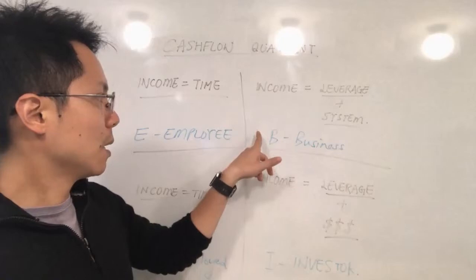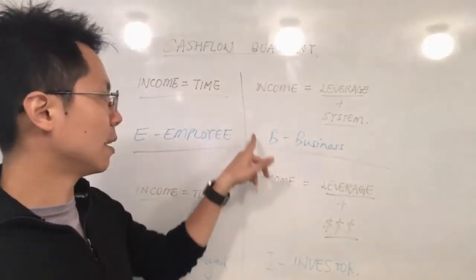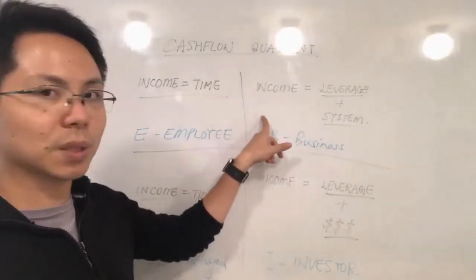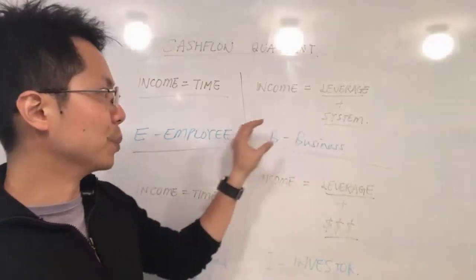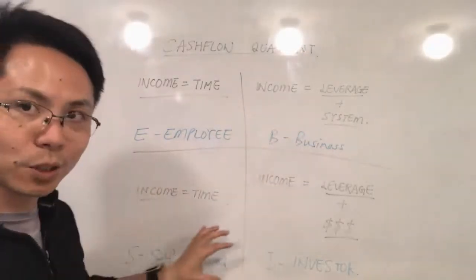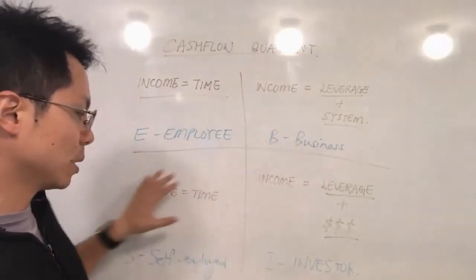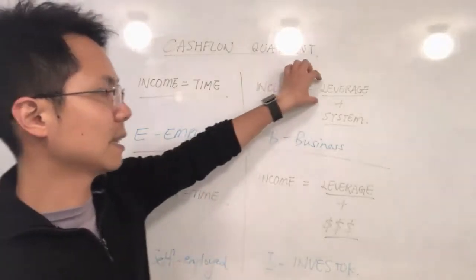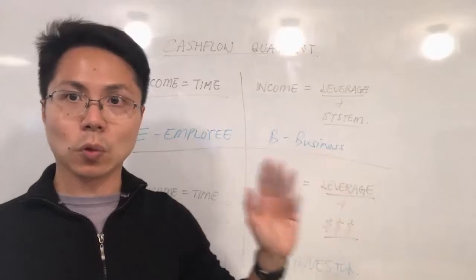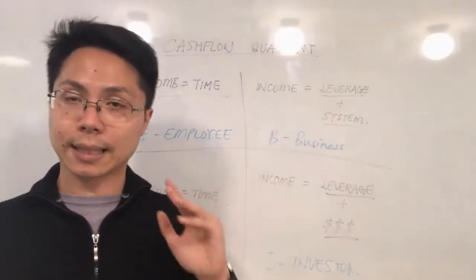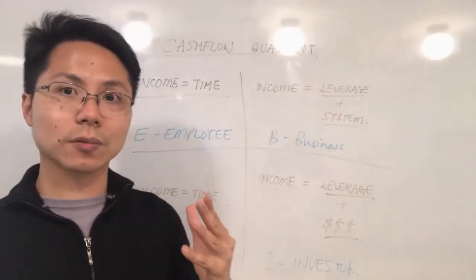And at the same time, when I quit my corporate job, I moved from employee to business. And at the moment, I'm building a business. Well, I should say I'm actually more self-employed at the moment, but the goal is definitely to build the business to a point where I can leverage, where I can hire people, and I've got a system in place that can actually run the business and generate revenue for me.